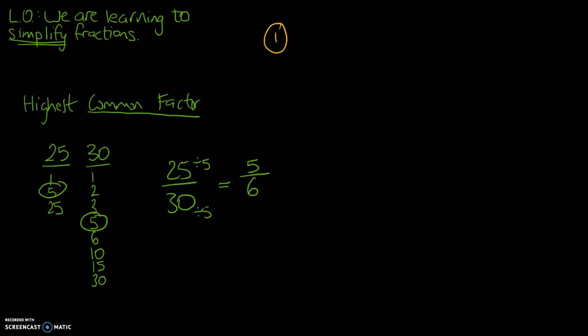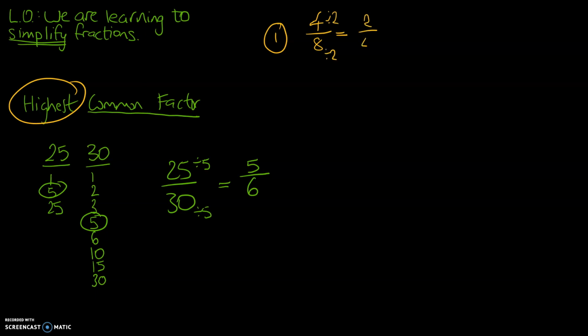So question 1, 4 over 8. How would we simplify that? I just want to emphasize, you don't necessarily have to have the highest common factor, but as long as you have a common factor, that will help to get to your answer. I can see that these both have a 2 in common, so I'm going to divide them both by 2.